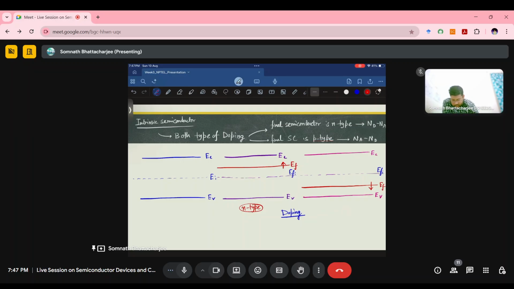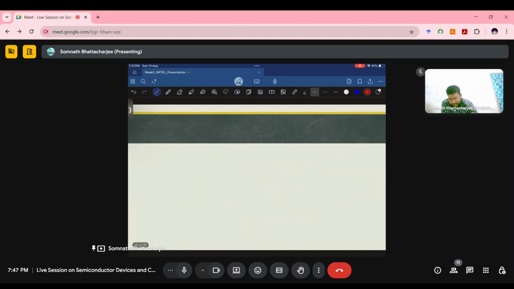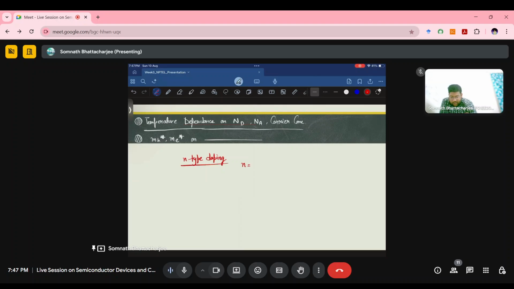So in case of n type doping, we can have a doping concentration of 10 to the power 10 per centimeter cube. That is the n type doping, the donor doping.